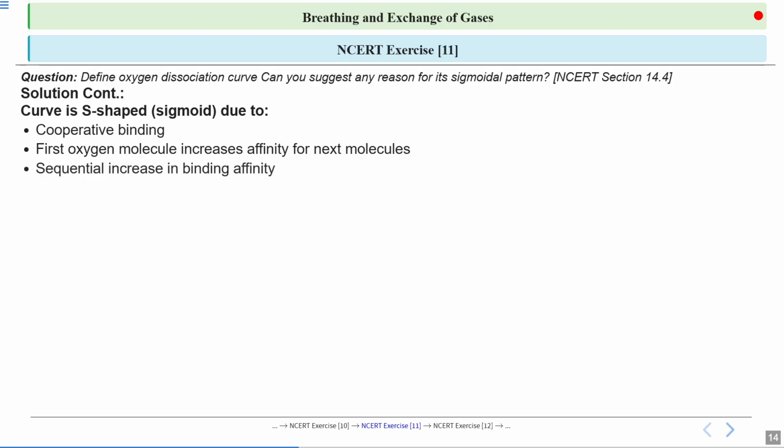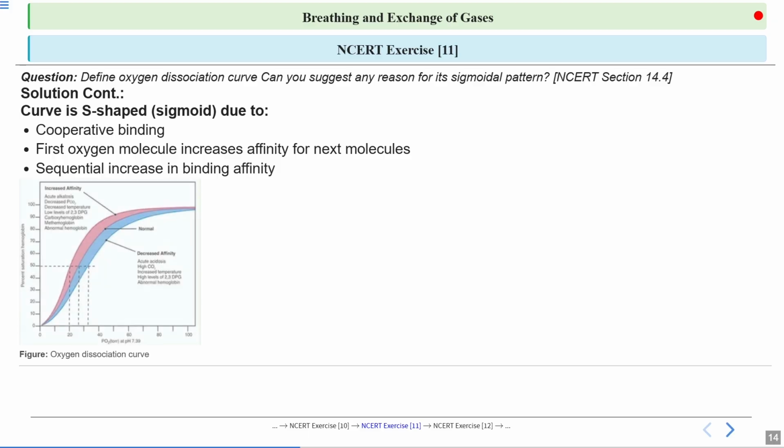Sequential increases in binding affinity: once the second one combines with the hemoglobin, it increases the affinity for the third one, and once the third combines, it increases the affinity for the fourth one, but not more than 4. One hemoglobin can accommodate 4 molecules of oxygen.